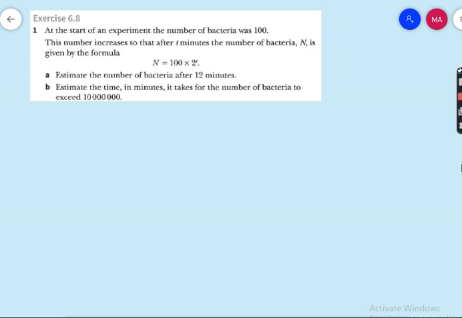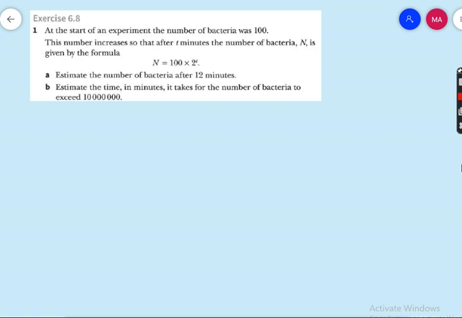Please, I request you all, for exercise 6.8 you should have a scientific calculator, because without a calculator we are unable to do these questions.